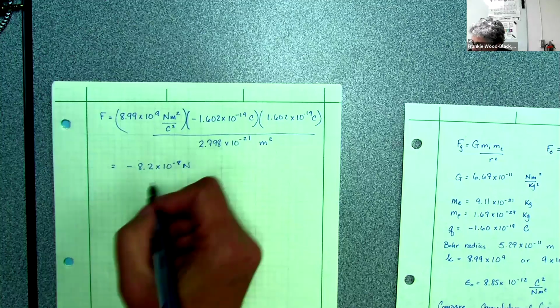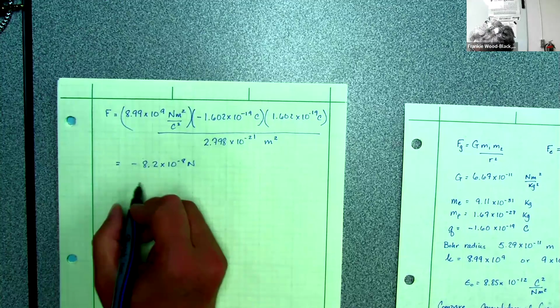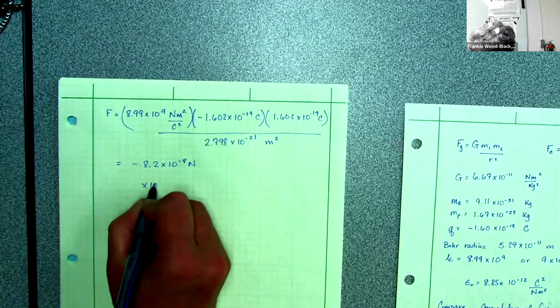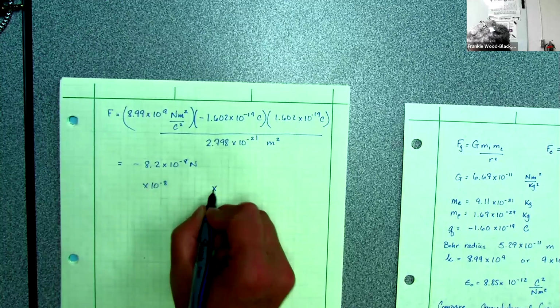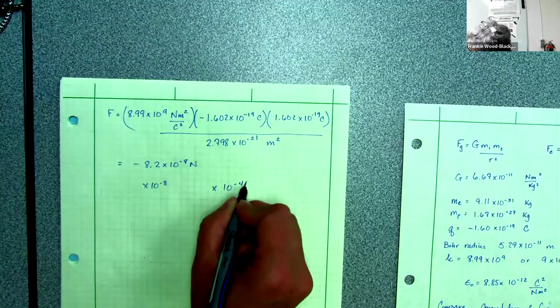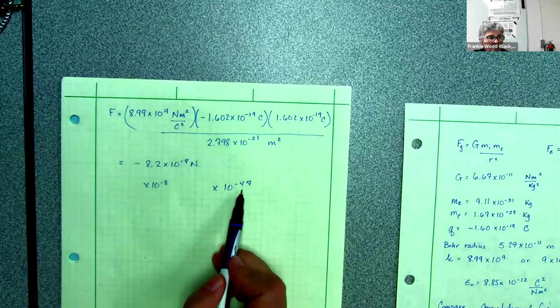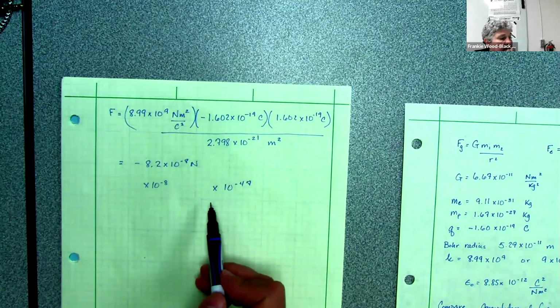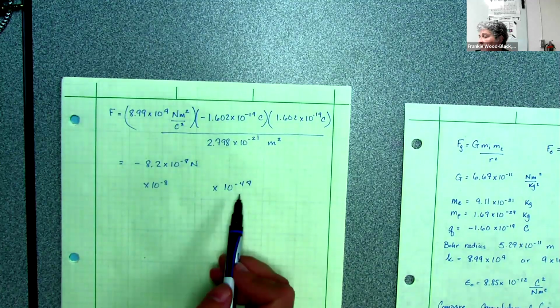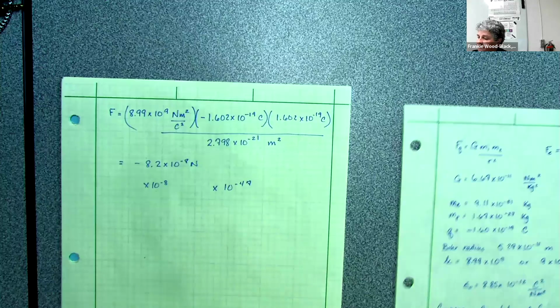But if I'm looking at just the magnitude, I have 10 to the minus 8 compared to 10 to the minus 47. I don't have to worry about gravity at all, because that is so far down in the weeds.